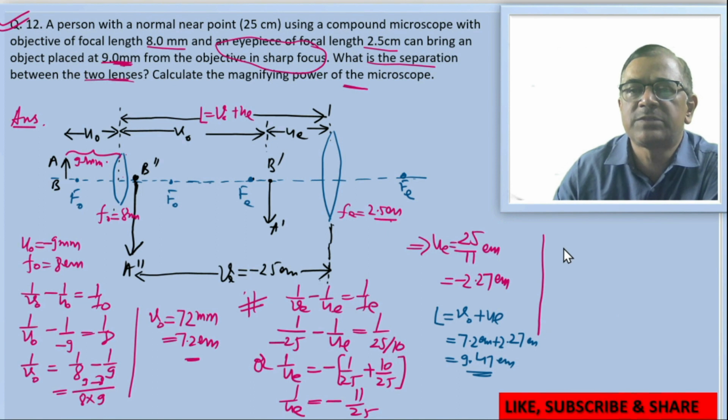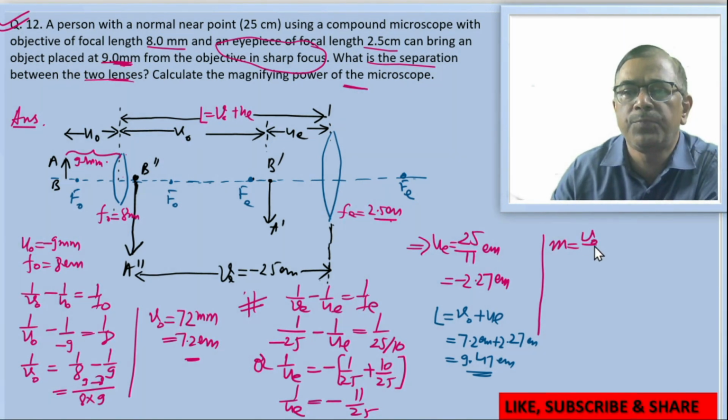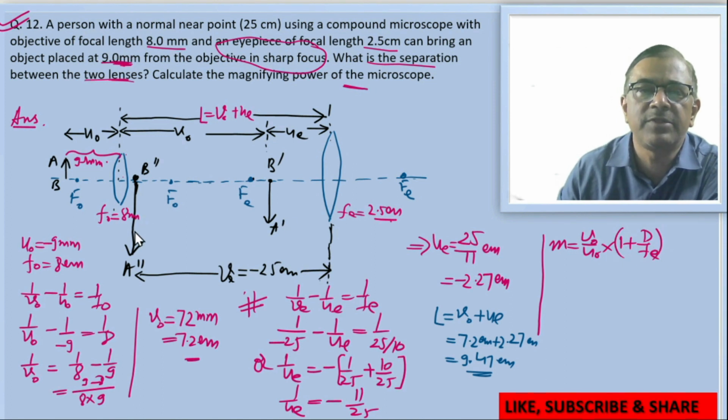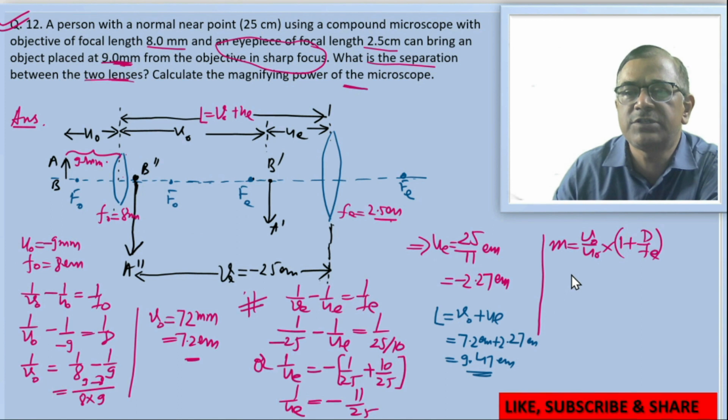The magnification for this case should be given by the expression M equals VO by UO multiplied by 1 plus D by FE. I hope you understand why I am using this expression, because the final image is formed at the least distance of distinct vision. Substitute all these values.